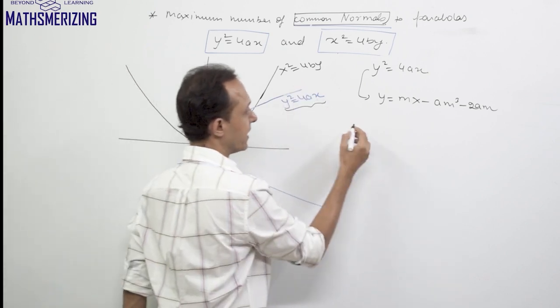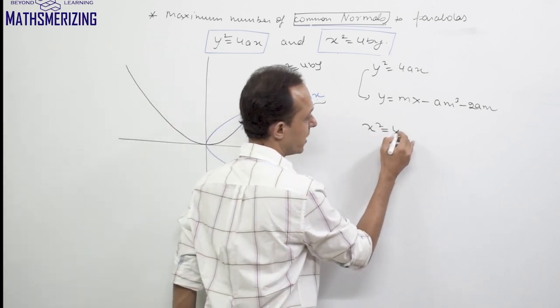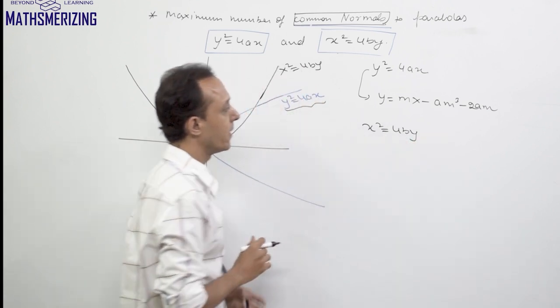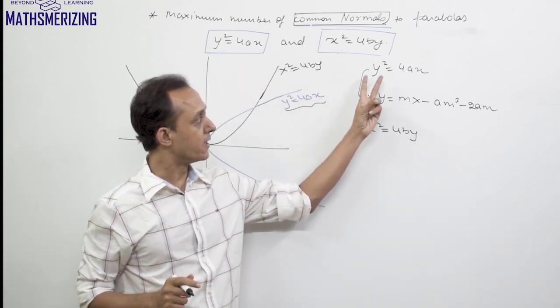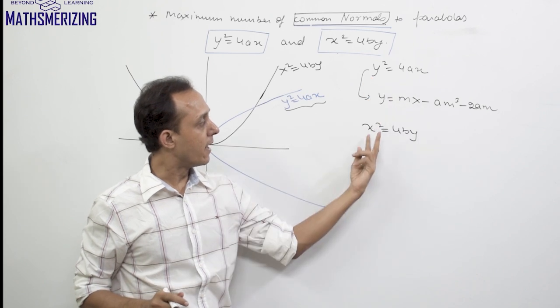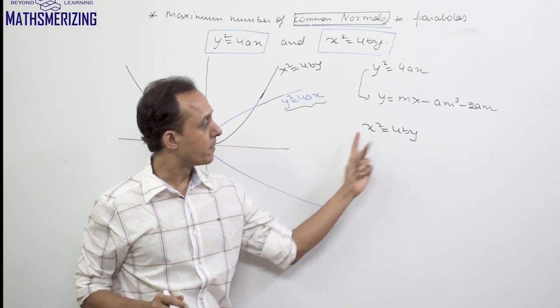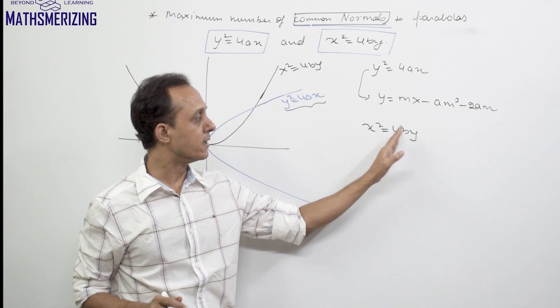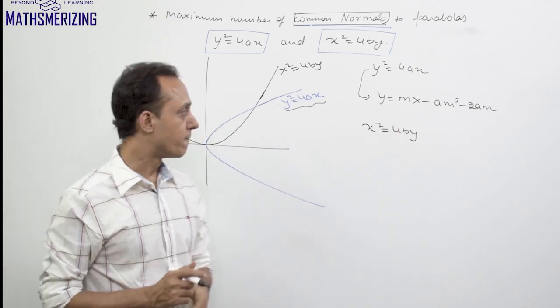Now I'll consider the second equation, which is x square equals 4by.